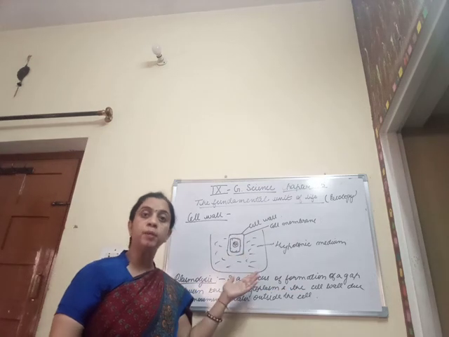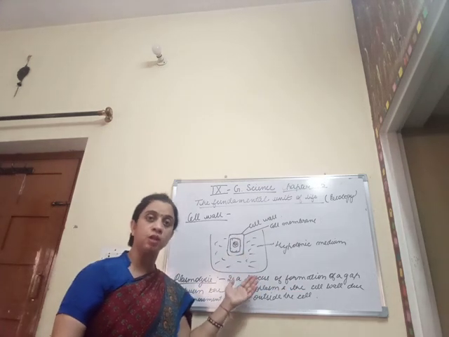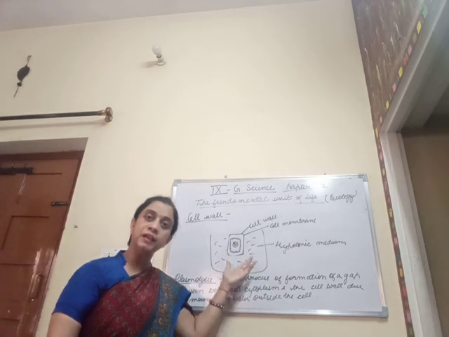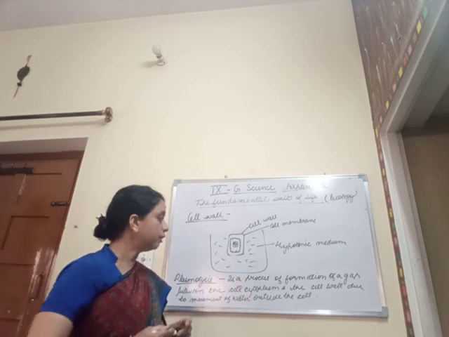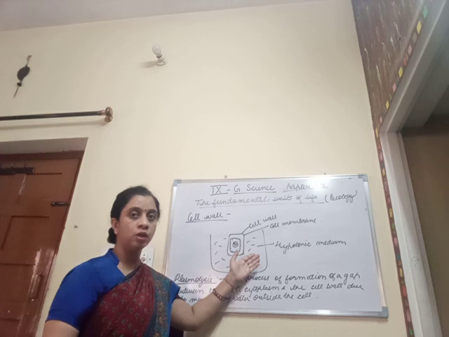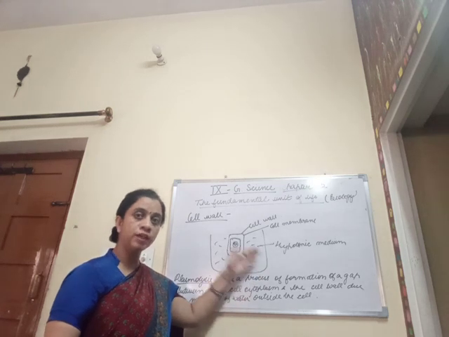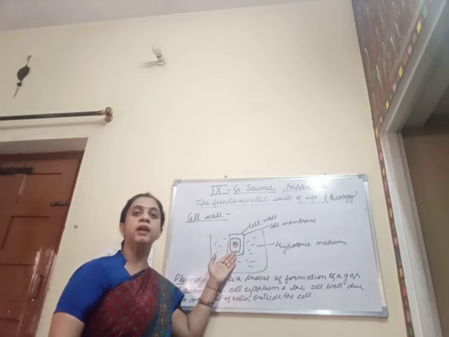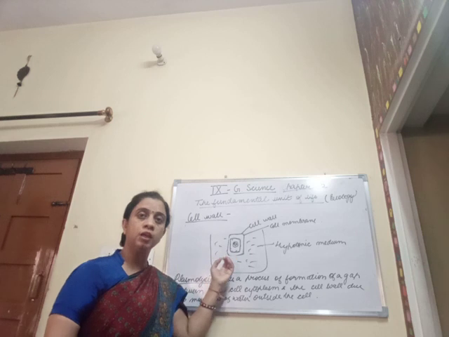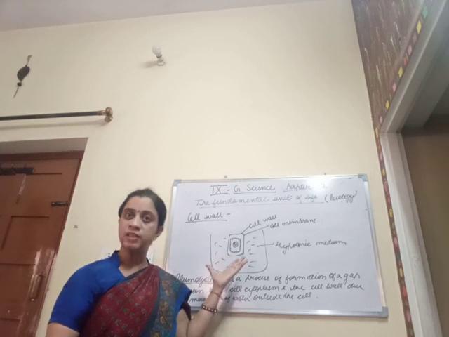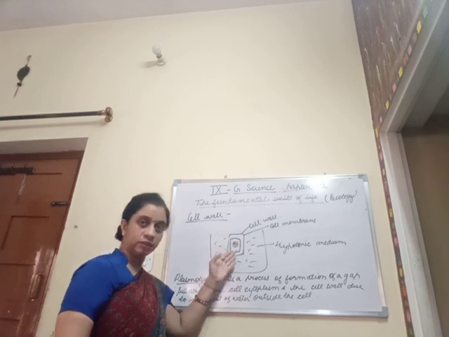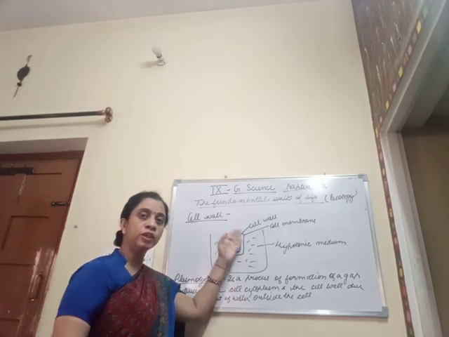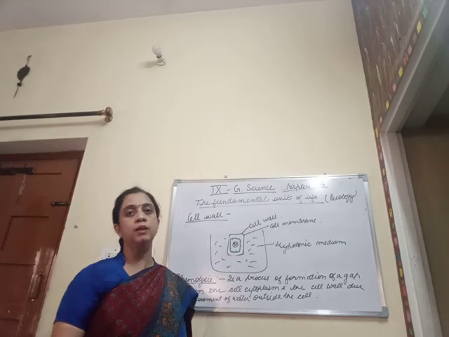But it's not a permanent procedure, it is a temporary procedure. If this cell is again placed in a hypertonic medium, then what happens? The water particles are going to enter from outside to inside the cell. As a result, the volume of the cell cytoplasm is going to increase, and the cytoplasm is again going to adhere to the cell wall.